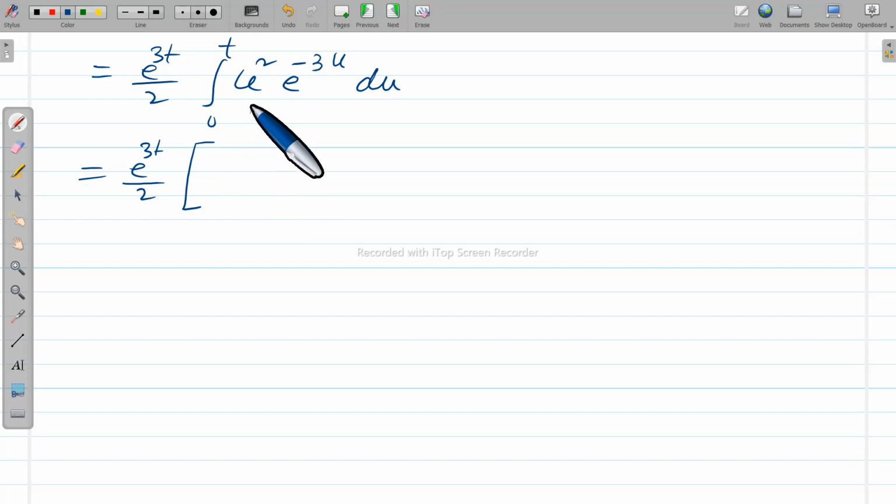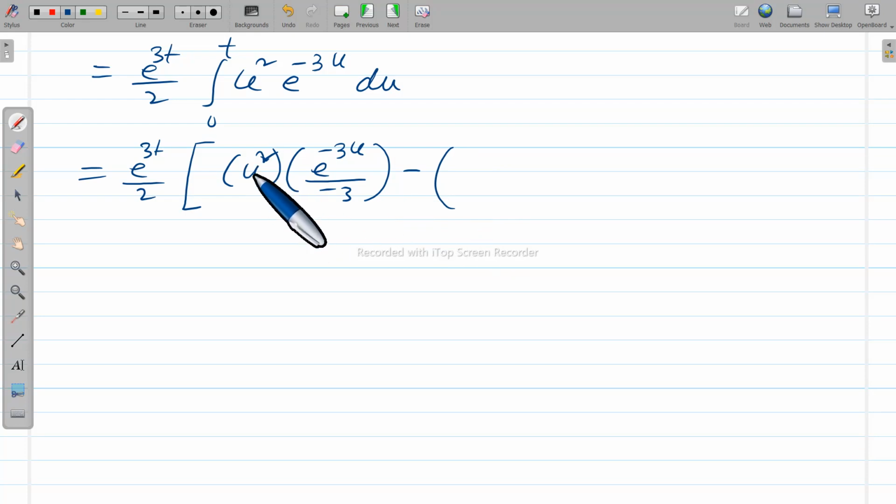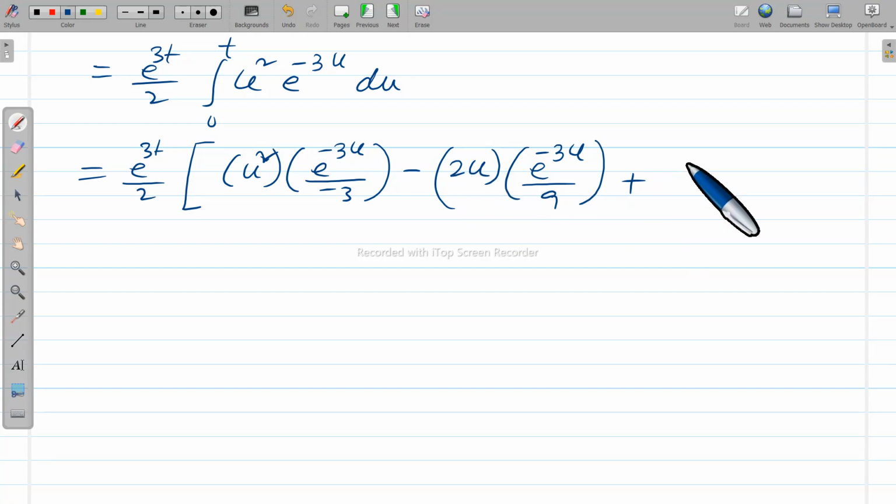First function is u square, integration of this e to the power minus 3u by minus 3, minus derivative of it, that is 2u, integration of it once again e to the power minus 3u by 9, plus derivative of it, that is 2, integration of this e to the power minus 3u by minus 27, and then you have to stop, because if you differentiate further it will be 0. Okay, so please write carefully.